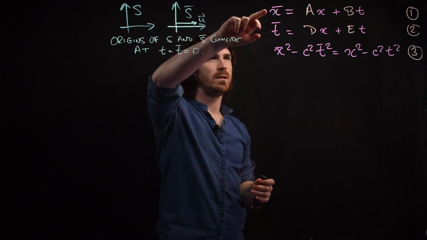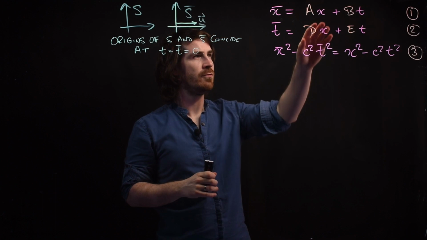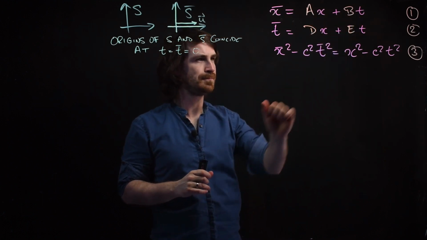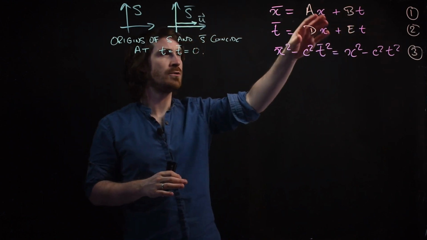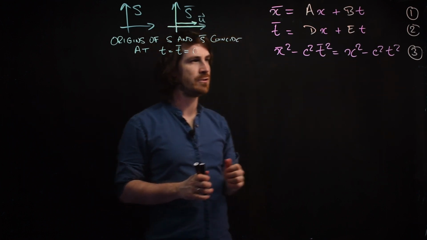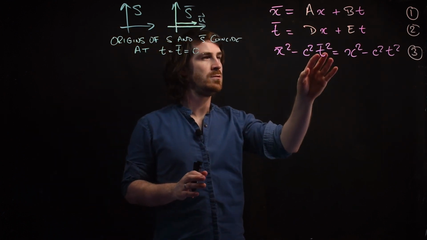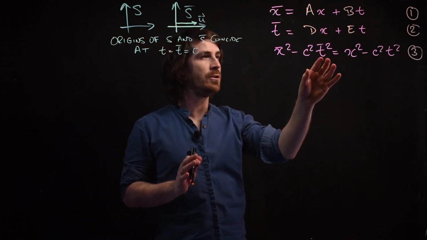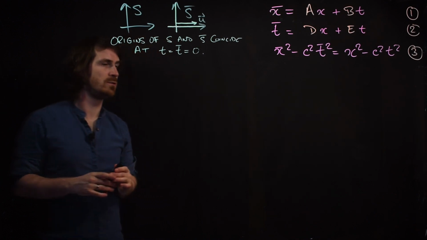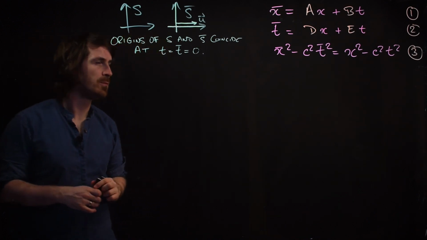We know that x bar and t bar can be written as a linear combination of the unbarred coordinates x and t with four constants that we need to determine. And we also have this invariance relationship. So we've got three equations in four unknowns, which initially seems impossible, but of course we've got extra information about our setup.